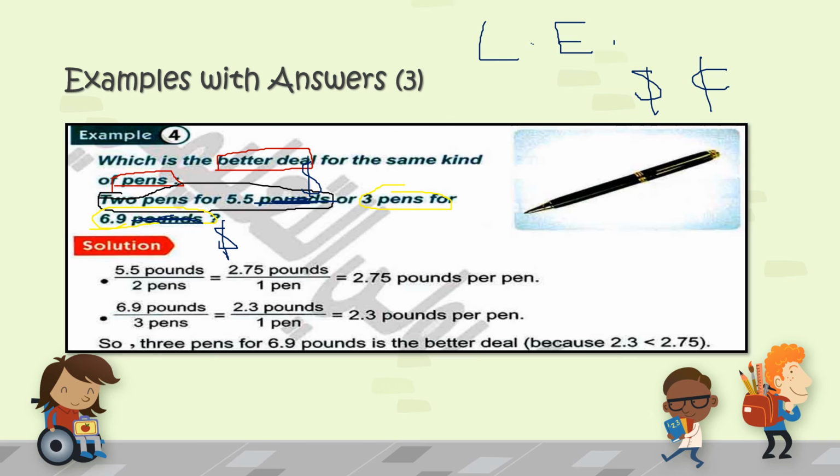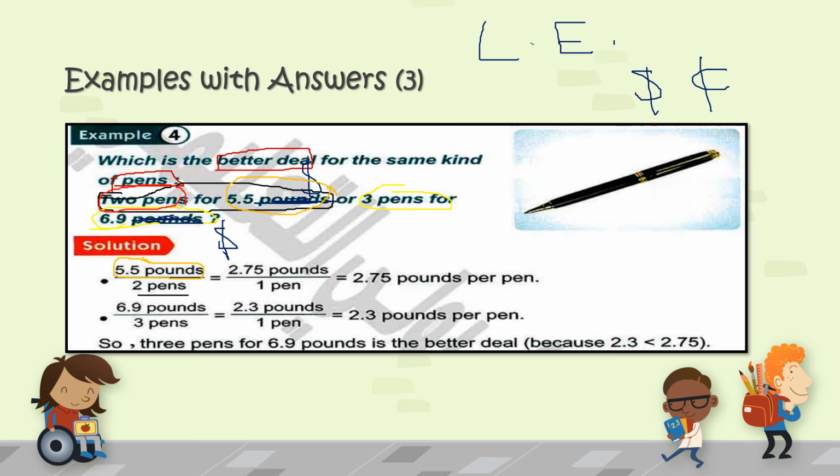So let's find out the rate of the first deal. The first quantity is 2 pens and the second quantity is $5.5. Sorry, here guys, we have 5.5 and 2. We take the biggest number on top, not just the first quantity. So 5.5 dollars over 2 pens.